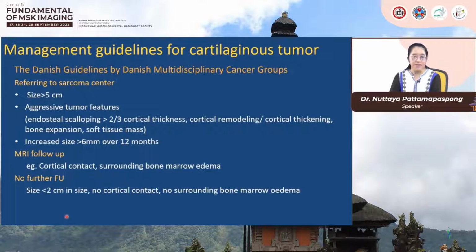From this guideline, the lesion that's less than 2 cm in size, no cortical contact, no surrounding bone marrow edema on MRI, do not need any further investigation or do not need follow-up study.